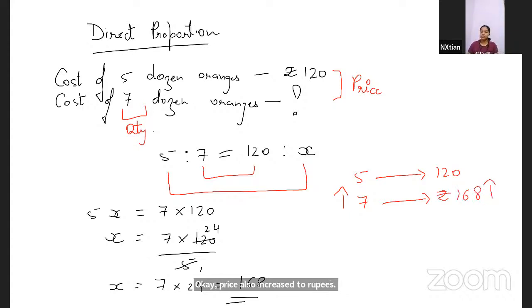All right, so this is known as direct proportion. Direct proportion impact, we can see. Okay, so this is how we will solve. In proportion, first we need to make the proportion equation. Okay, multiply and then find out the value.